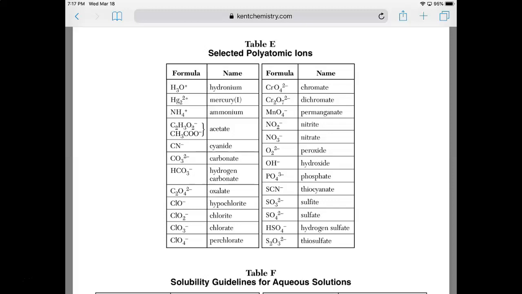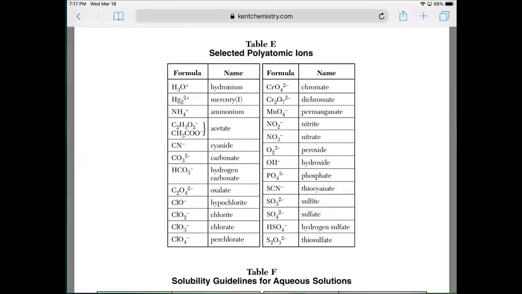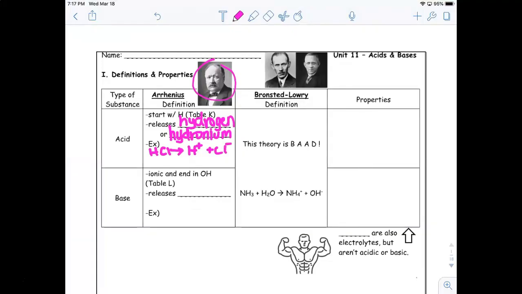So what does H2O turn into if you add an extra H to it? H3O. So that's why we say for acids, we can either make hydrogen or we can make hydronium, which is just when this H that was by itself adds itself to water, but they both mean the same thing.